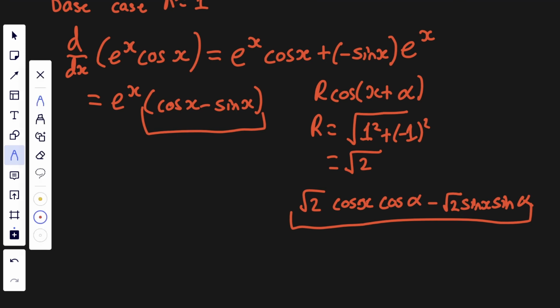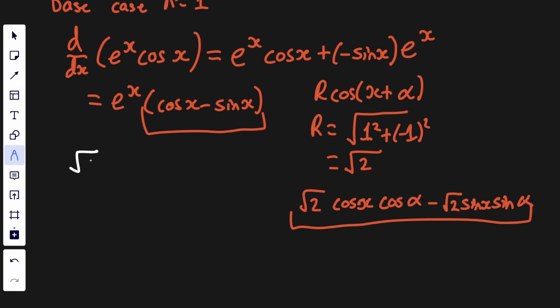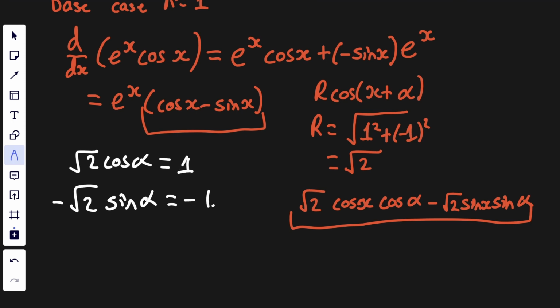So in other words, I need to have root 2 cos alpha equal to 1, and root 2 sine alpha equal to 1. From the first equation, we see that we only have 1 cos x, and we only have minus 1 sine x.